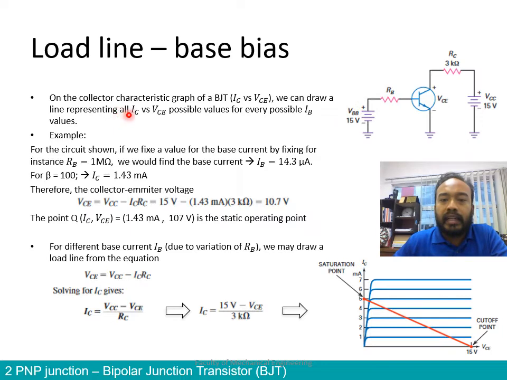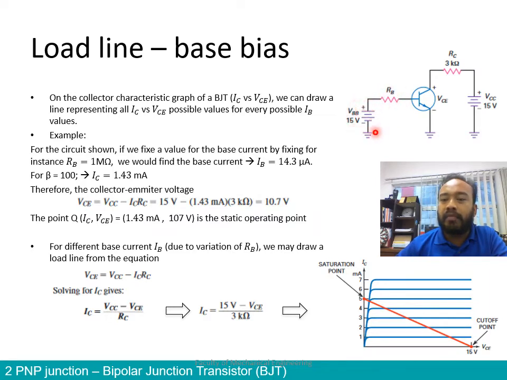On the collector characteristic graph of a BJT, IC versus VCE is like this graph. The load line is a line that we can draw representing all the possible IC versus VCE values for every possible IB. So we are controlling IB, either by controlling the voltage or the resistor.